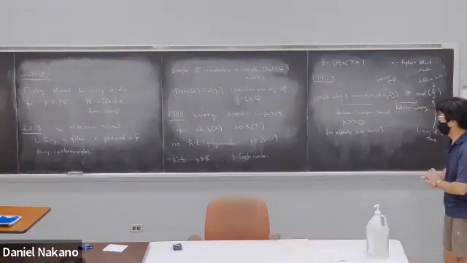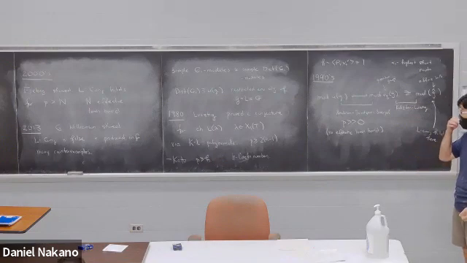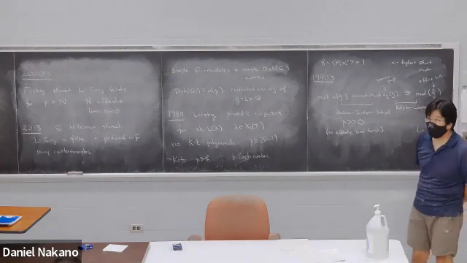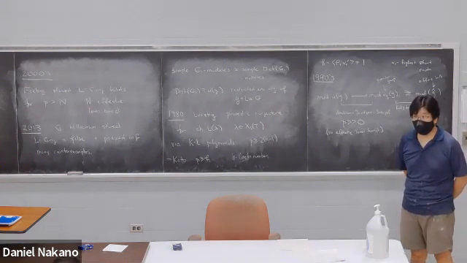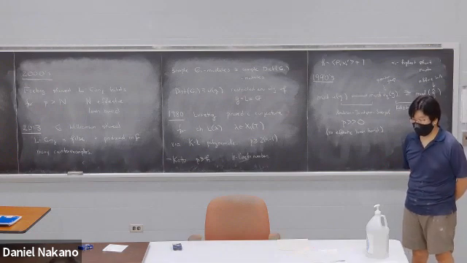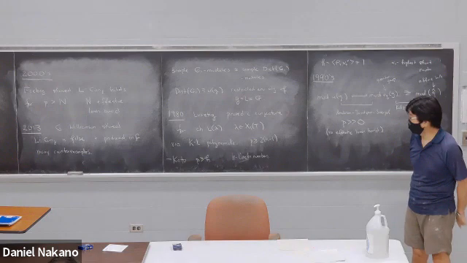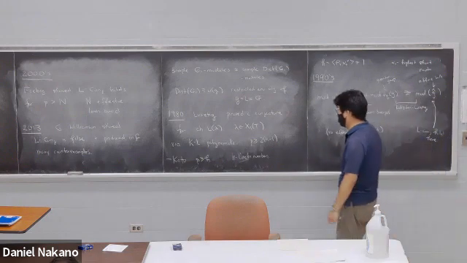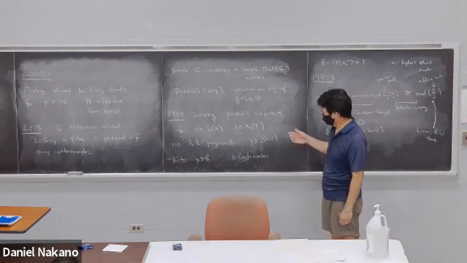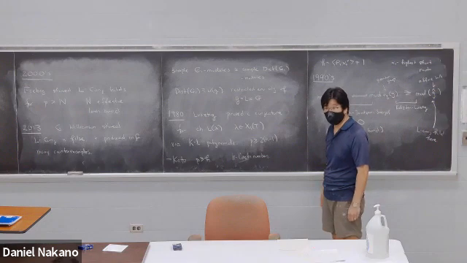Yeah, so that's a really good question. So Geordie and other people have been looking at characters for tilting modules. And the conjecture is that the tilting module characters are given by what are called p-Kazhdan-Lusztig polynomials.